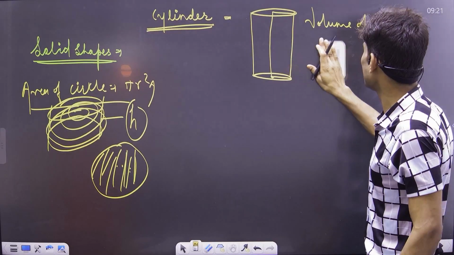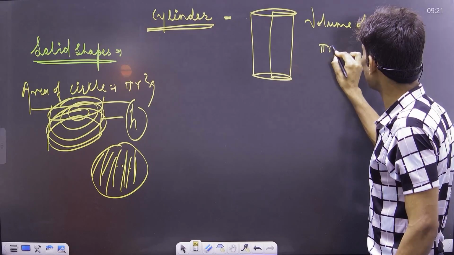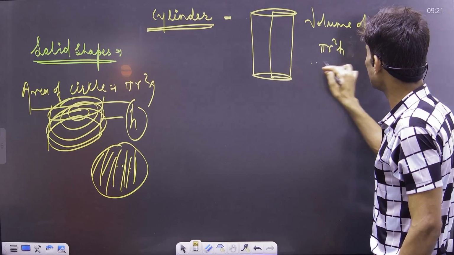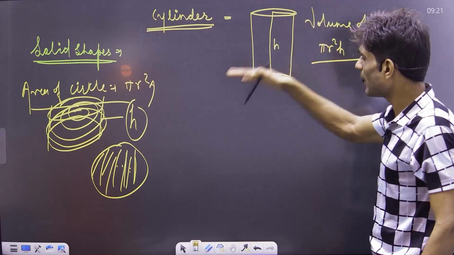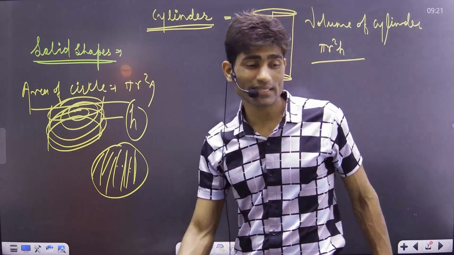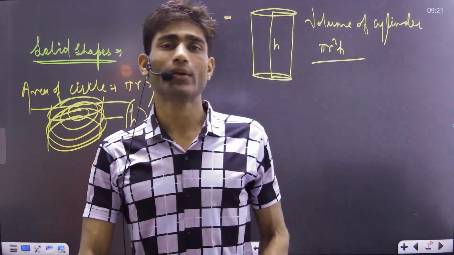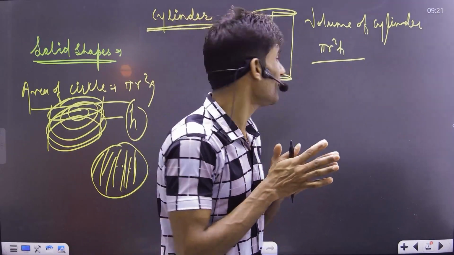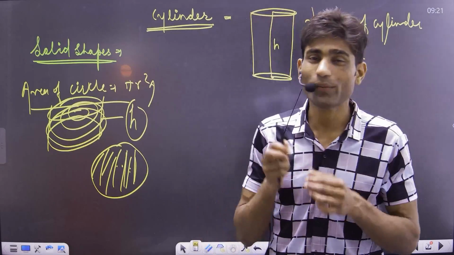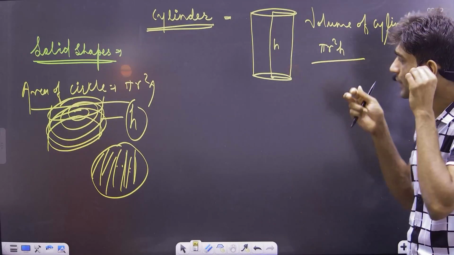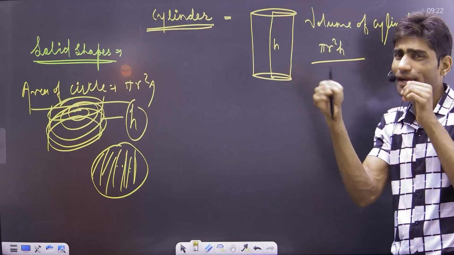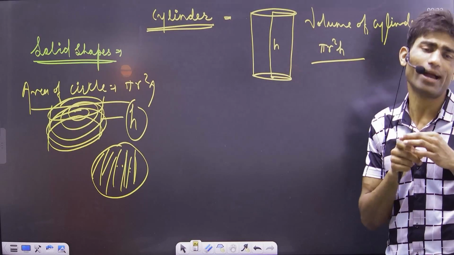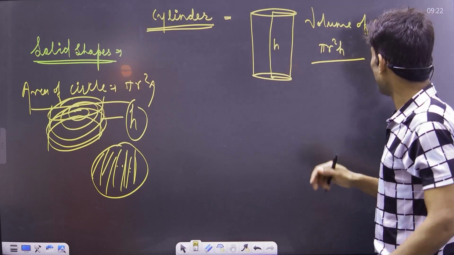What is the extra factor? Height. Height is the extra factor in the area of a circle, and then we get the cylinder. I hope you have understood the meaning of the volume of a cylinder. To remember it: the volume of a cylinder is the area of a circle times the height.